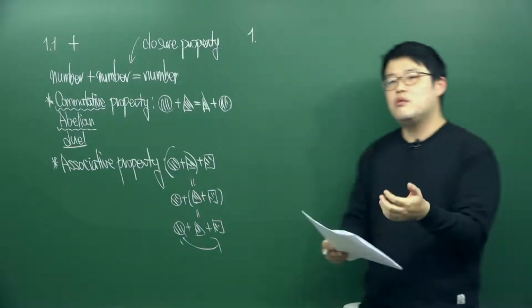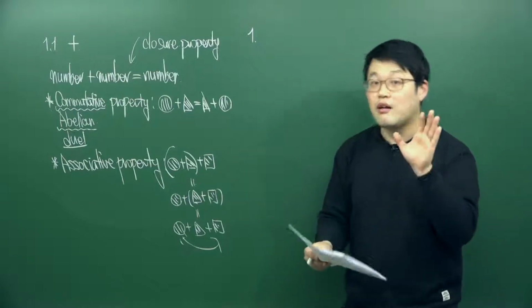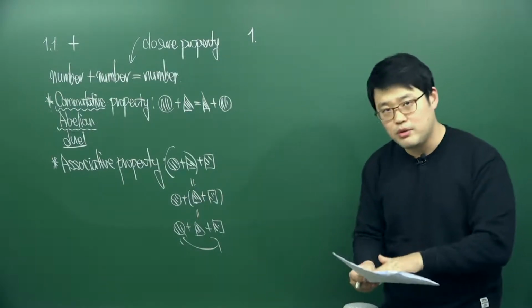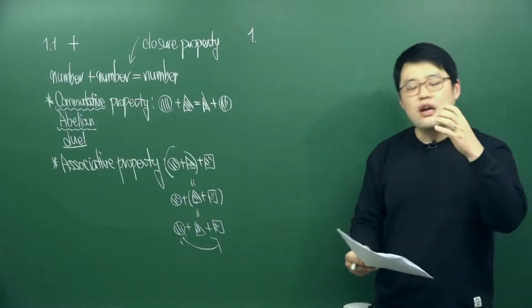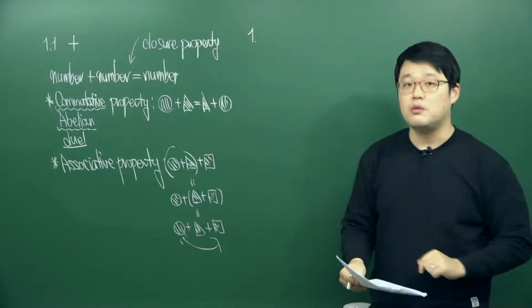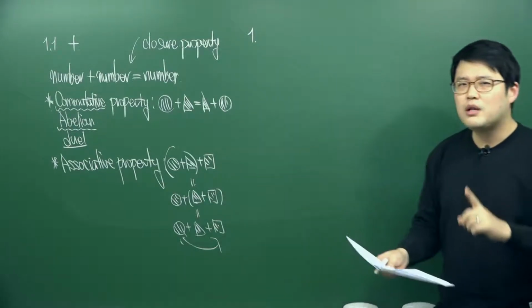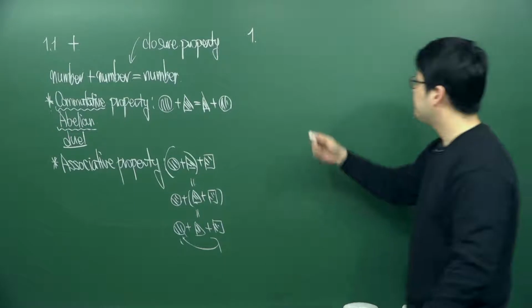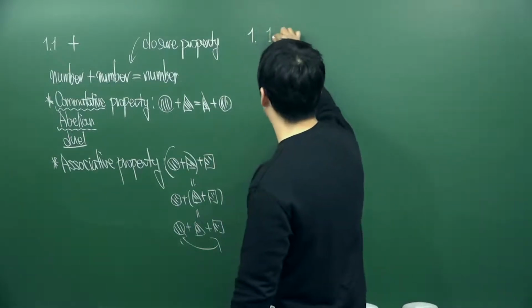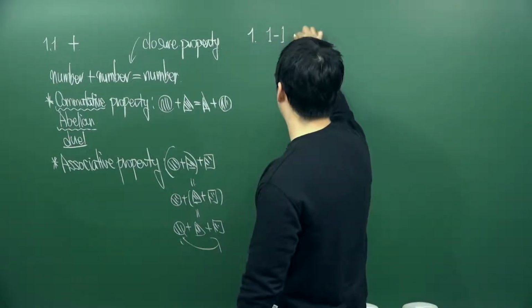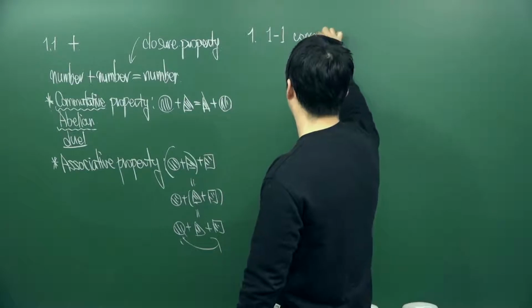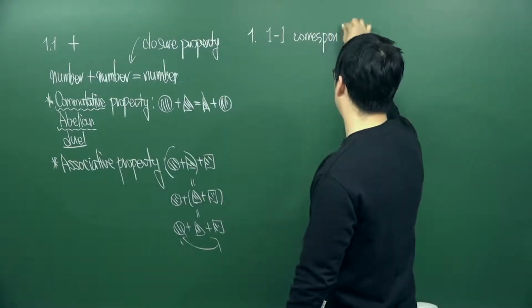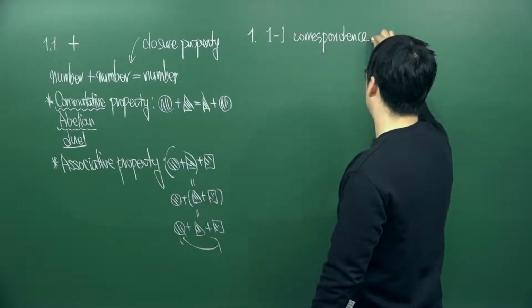We can compute them directly. And of course, I know that you guys can compute this directly too. But there's a fundamental idea that you need to know in order to solve this. This is something called one-to-one correspondence. So I'm just going to write one-to-one correspondence.